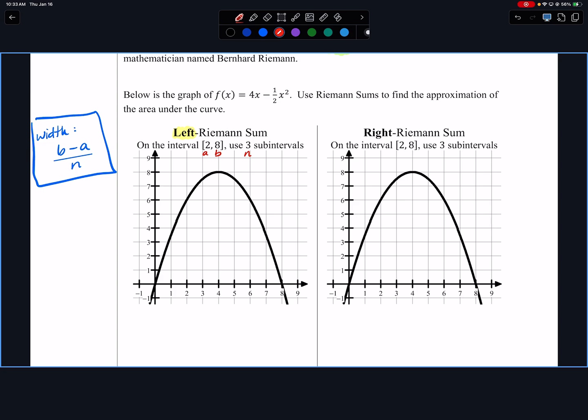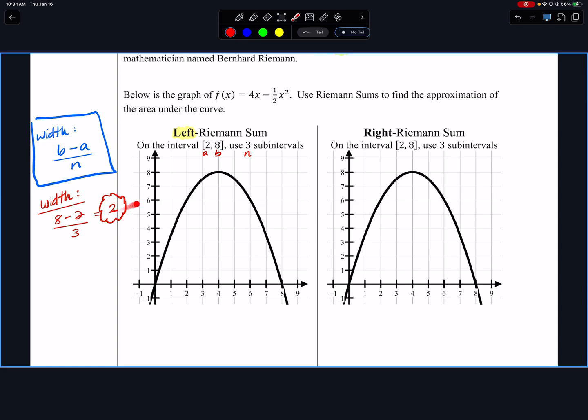Okay, so the width, we have to find that first. That's going to be 8 minus 2 divided by 3. What's 8 minus 2 divided by 3? 2. Okay, so that means that for all my rectangles, the width is going to be 2.